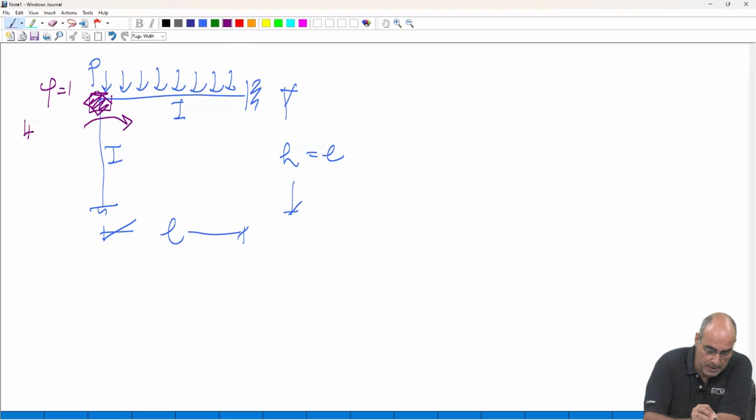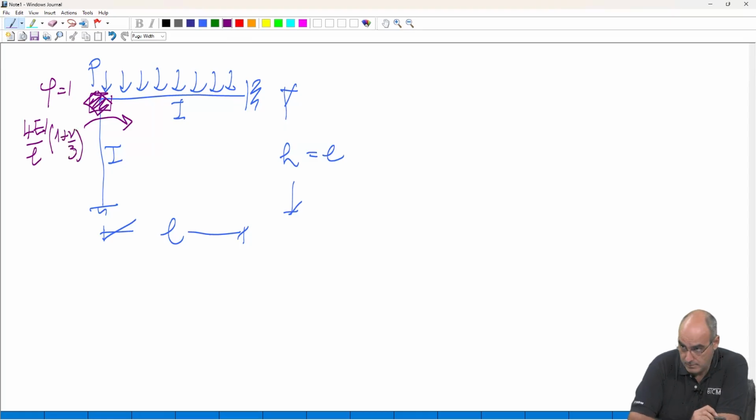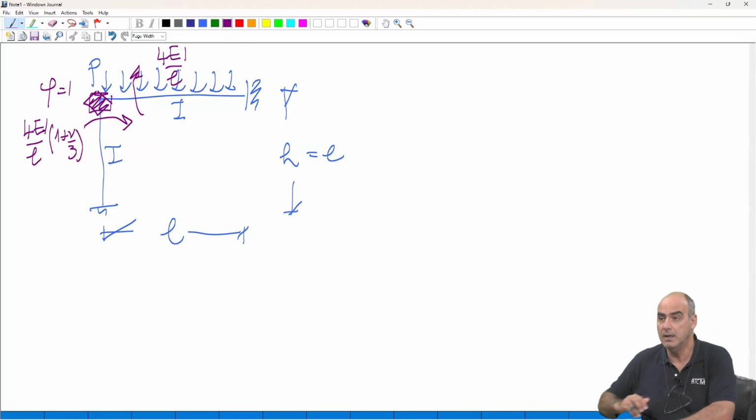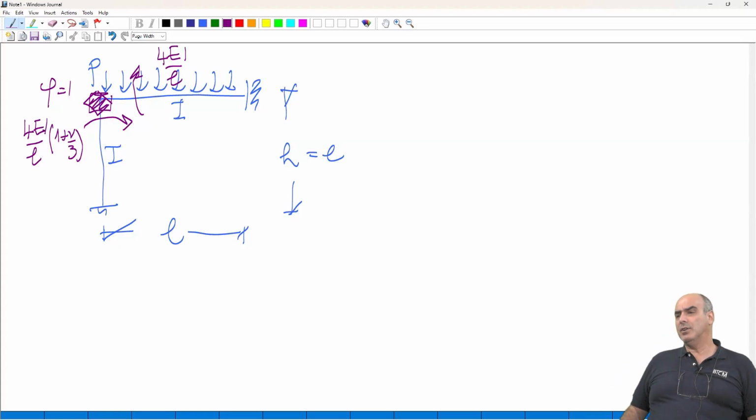here we have a moment which is 4EJ over L, times 1 plus n over 3. Well, here we have 4EJ over L. Shall I apply the correction function also there? Because, you know, in that column, I expect some axial force, which could be P L alpha.